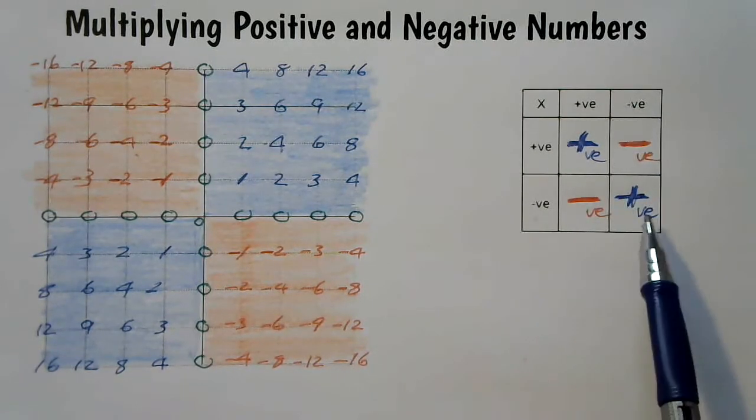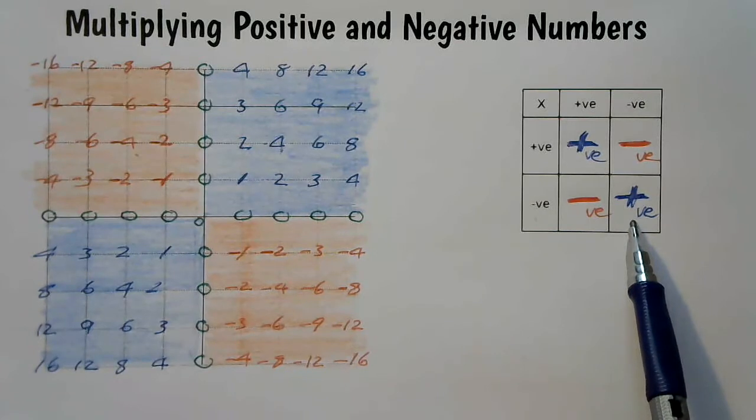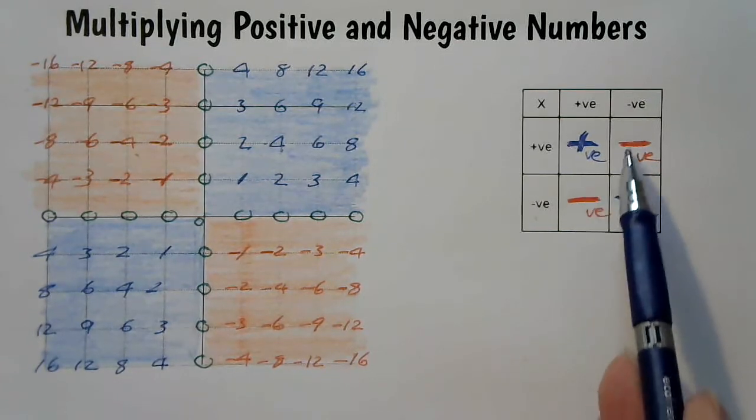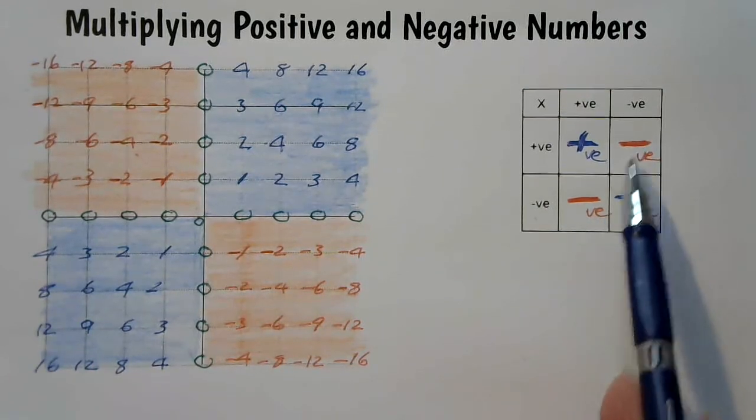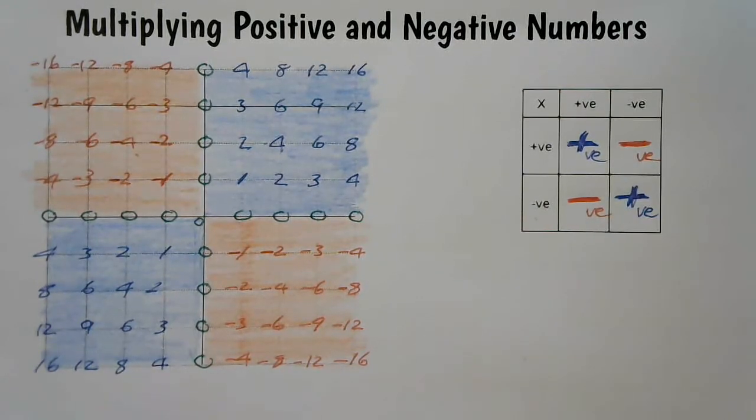Negative, negative, positive. And then if either of the numbers are one positive and the other negative, then you've got negative. There you go. And it also explains something else, something that a lot of youngsters have difficulty with.